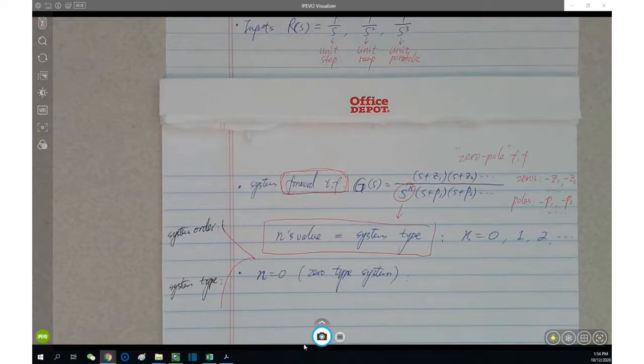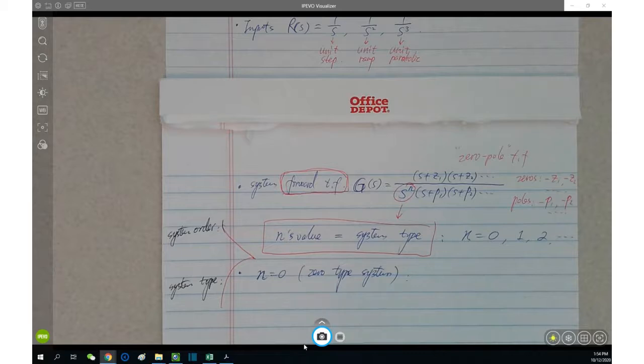Well, you have to take the transfer function, and the denominator. Sorry, not the input transfer function. You have to take the input away from the G of s. So in the G of s transfer function, whatever s squared, the largest n would be the order of the system.